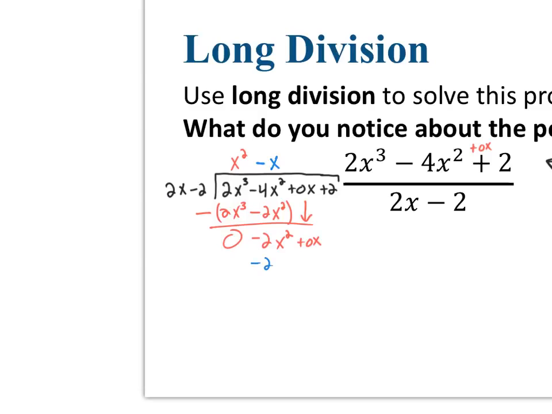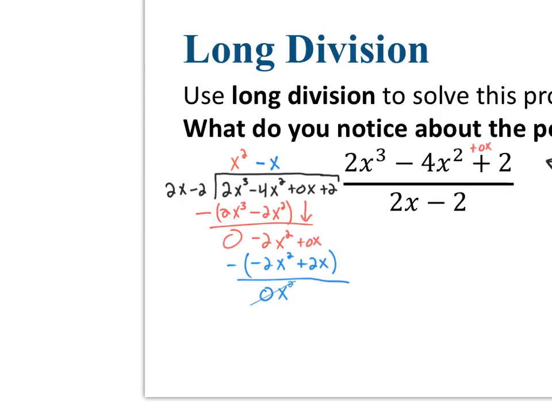So I've got negative 2x squared, and then negative x times negative 2, double negative again, becomes a positive 2x. And then again I'm subtracting: negative 2x squared minus negative 2x squared, like a double negative, ends up being 0x squared, or just 0.